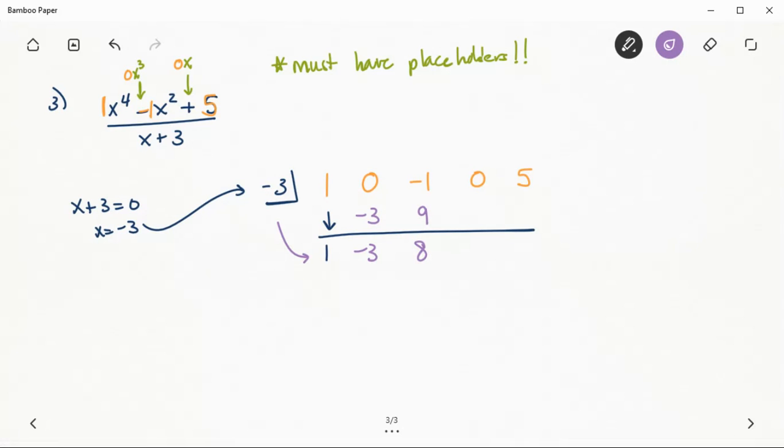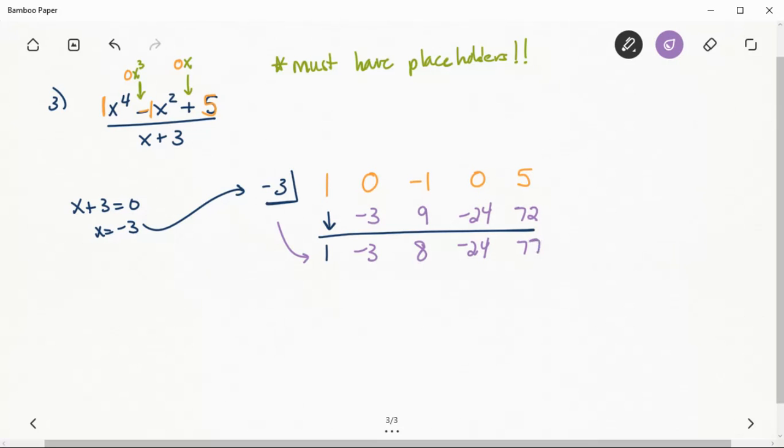Negative 3 times 8 is a negative 24. Add down and multiply one last time. Negative 3 times negative 24 is a positive 72, giving us 72 and 5, which is 77. Boxing off that last term, this is our remainder.